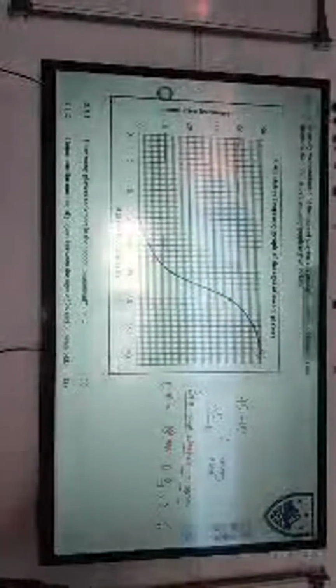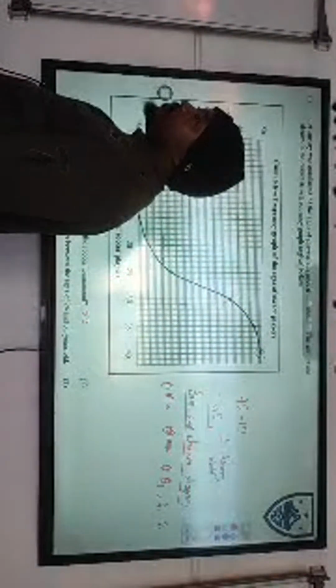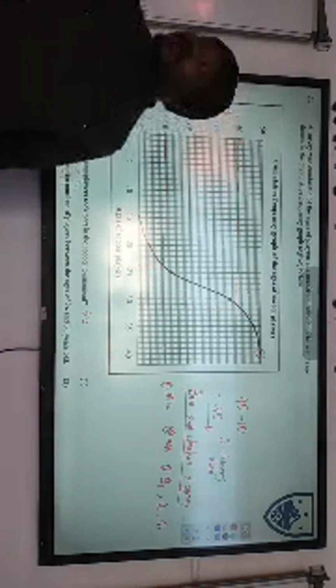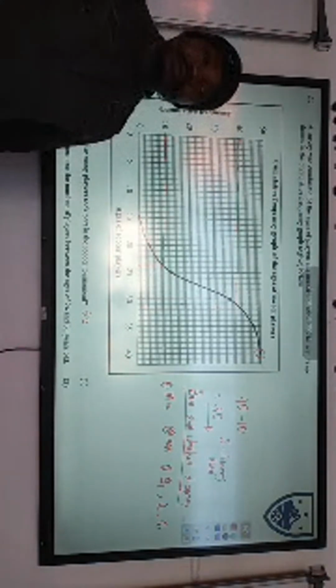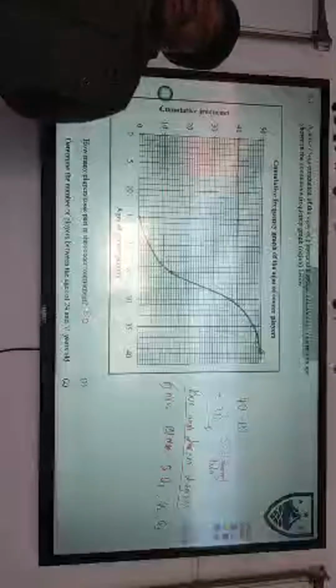If we were to find the minimum value, what will be our minimum value? I want us to find the minimum value from this diagram.